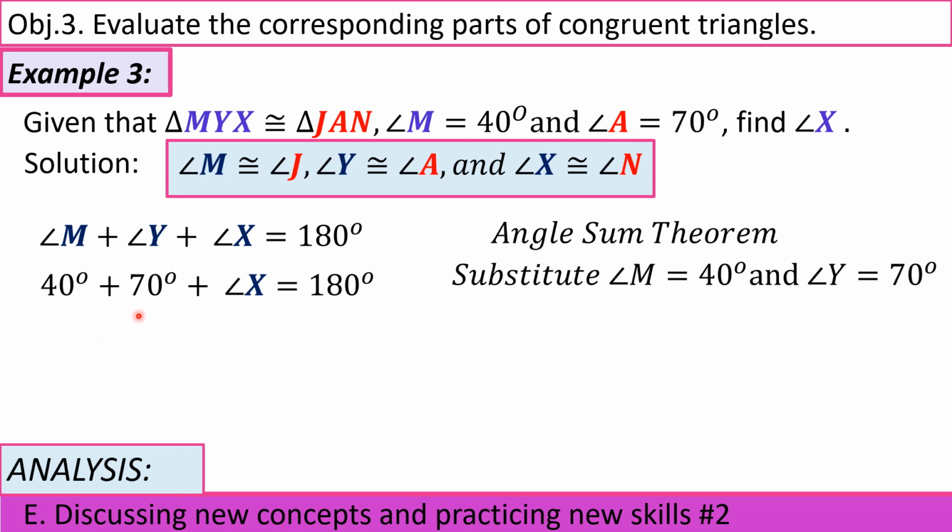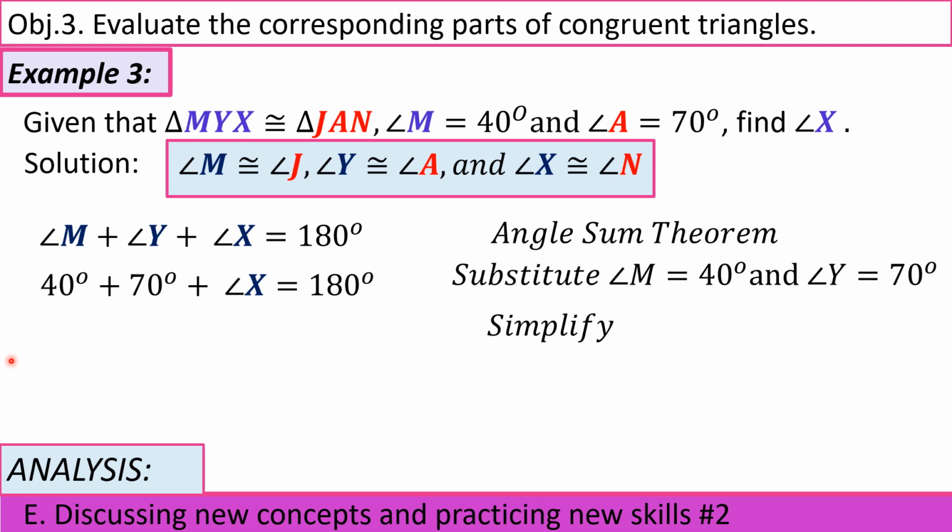So, bakit 70 degrees ang nilagay natin kay angle Y? Because angle Y is congruent to angle A. So if angle A measures 70 degrees, then definitely angle Y also measures 70 degrees. Plus, yung hinahanap natin na angle X, that is 180 degrees.